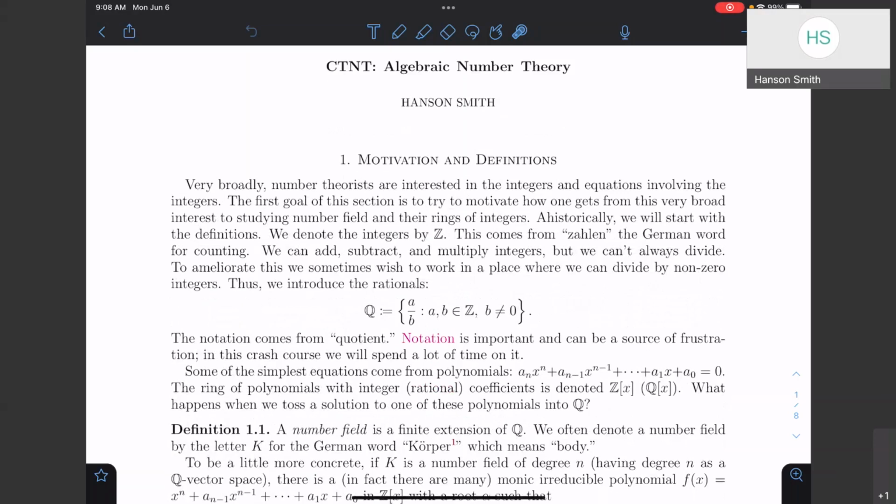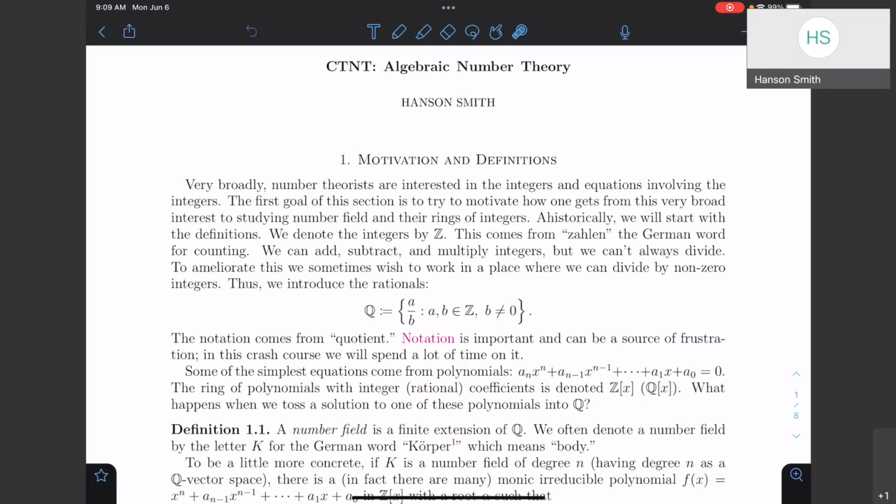Okay, cool. So let's get started. Number theory, very broadly, is the study of the integers and equations involving the integers.